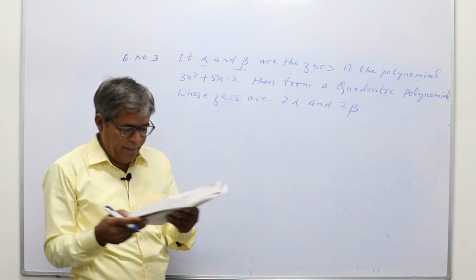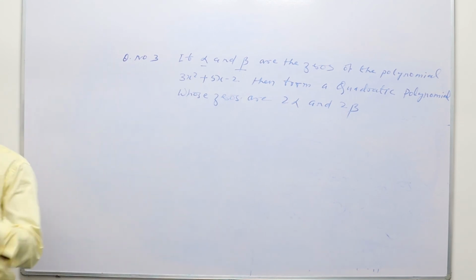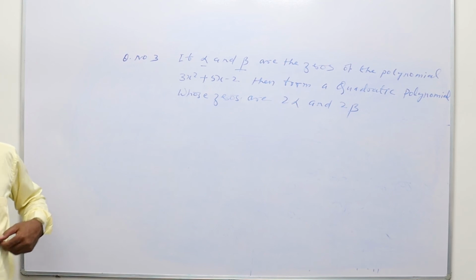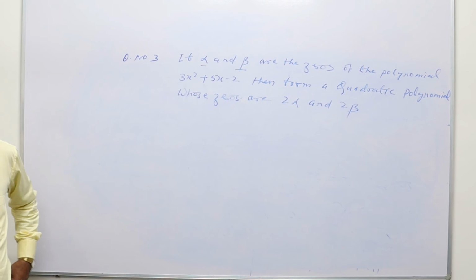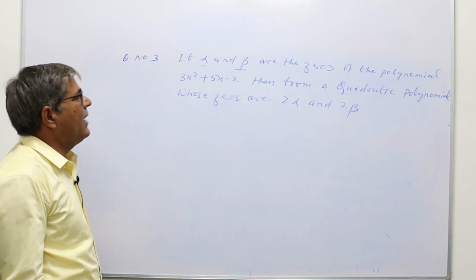What have we been given? We have been given one quadratic polynomial and its zeros are alpha and beta. Then we have to find that quadratic polynomial whose zeros are 2 alpha and 2 beta.